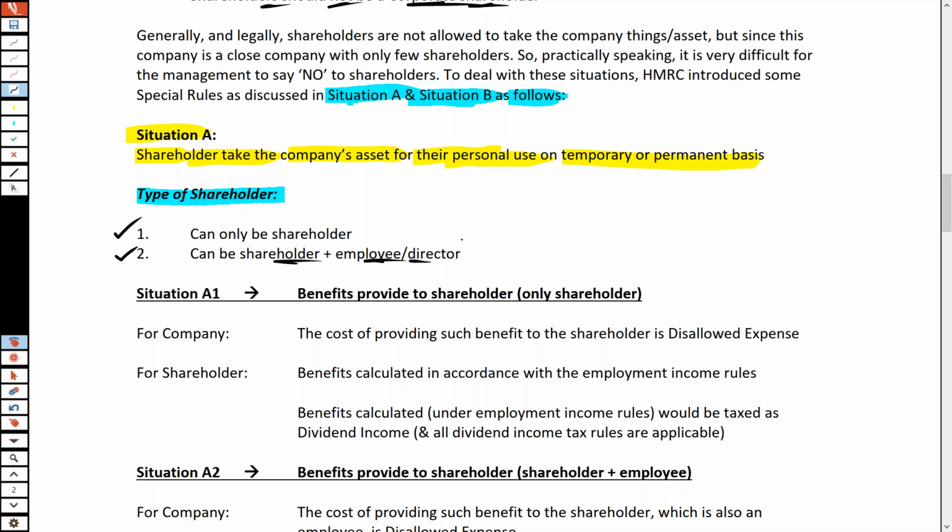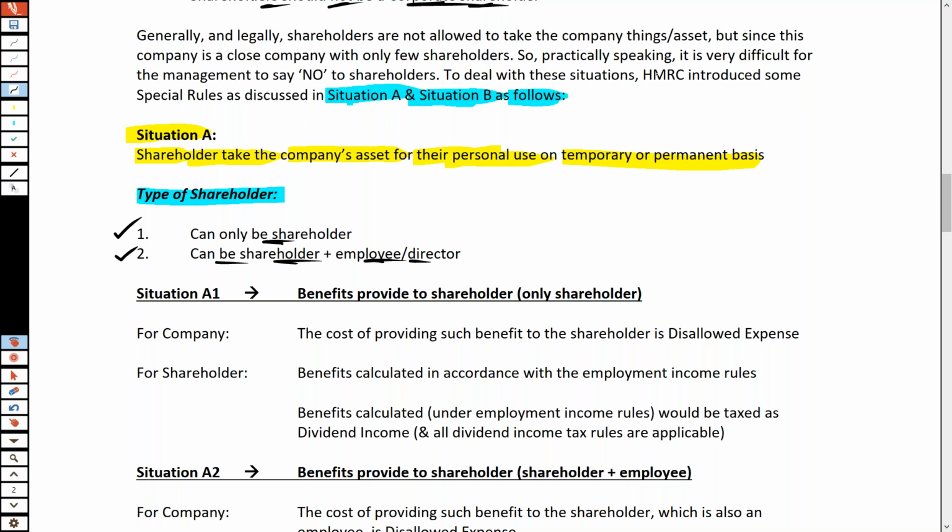The tax treatment will differ if the shareholder is only a shareholder, not an employee of the closed company, and under A2 we are considering a shareholder plus employee or director of the company. So the tax treatment will differ if the shareholder status changes.